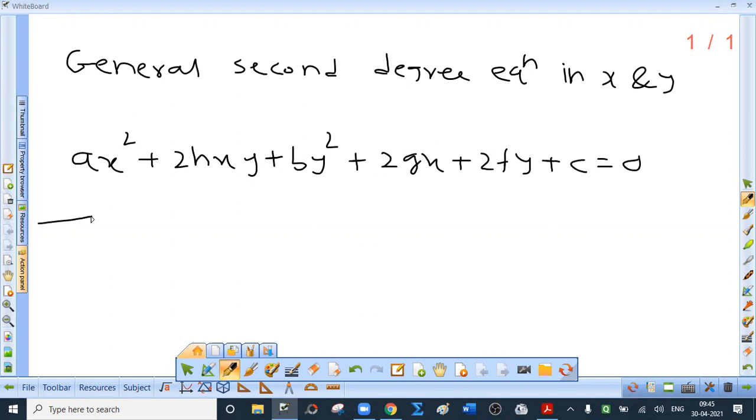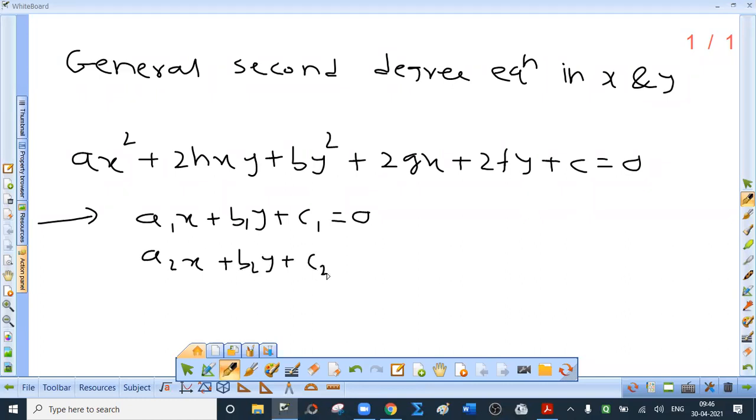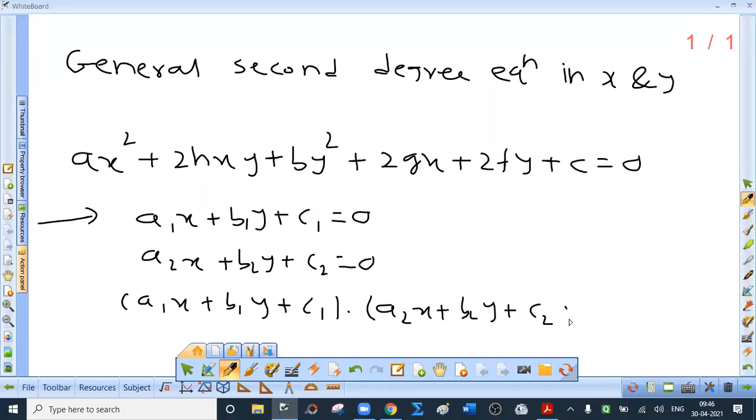Now the proof is simple. If the equations of the two lines, any two lines, are a1x plus b1y plus c1 equal to 0 and a2x plus b2y plus c2 equal to 0, then what will be their joint equation? The joint equation will be a1x plus b1y plus c1 into a2x plus b2y plus c2 equal to 0.